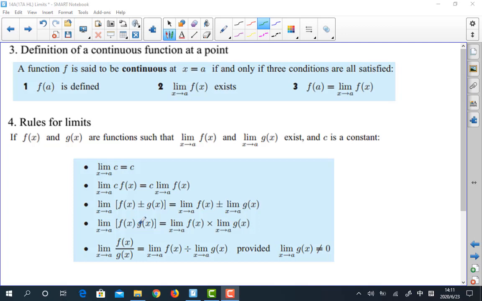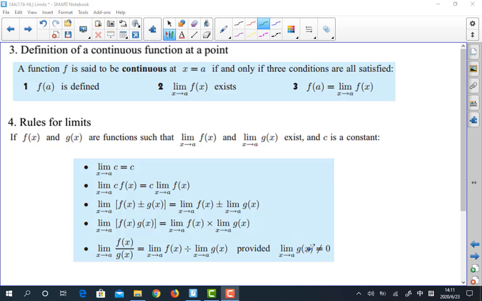The limit of the product of two functions equals the product of the limits of these two functions. The limit of a quotient of two functions equals the quotient of the limits of the two functions. Of course, for the quotient, you need to understand that the denominator limit cannot be 0.